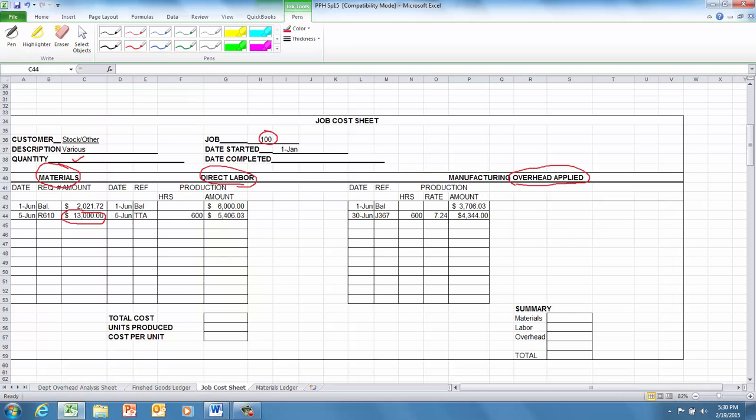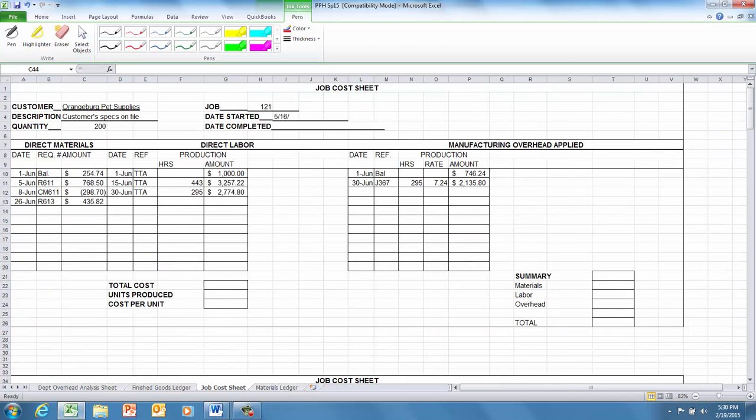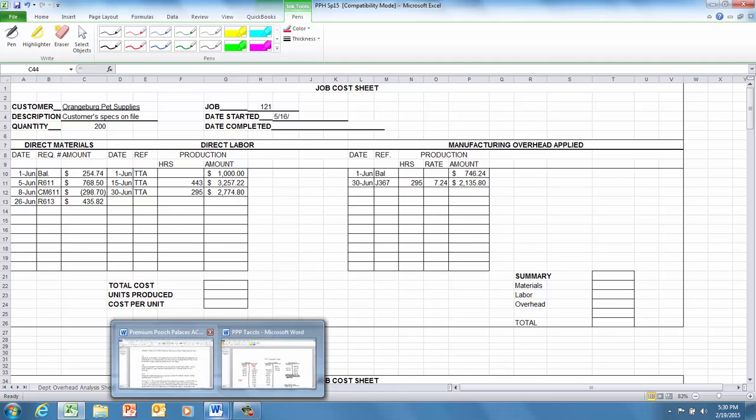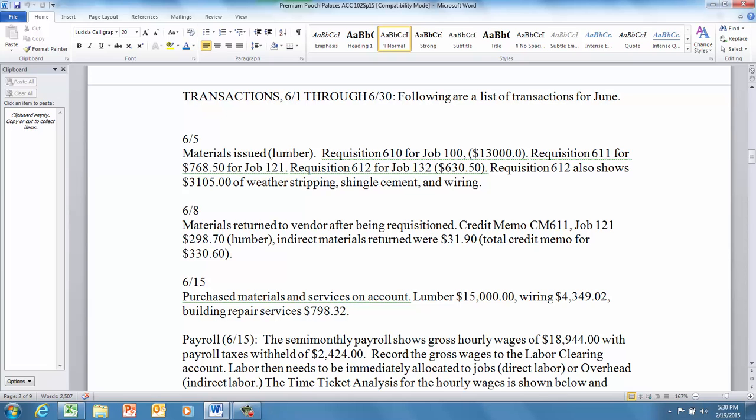Then you find job 121, which is right here. There's your 5th of June, your R611, your $768.50. And you would be done with that one.